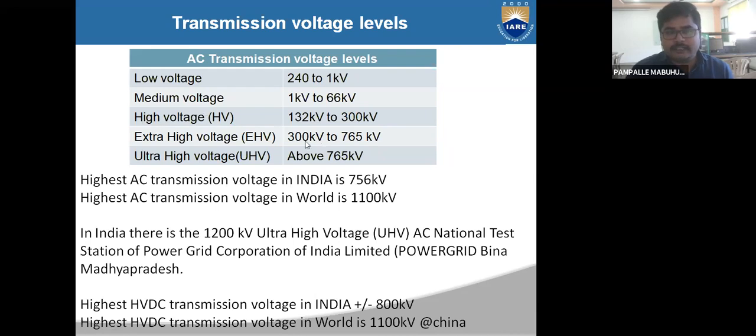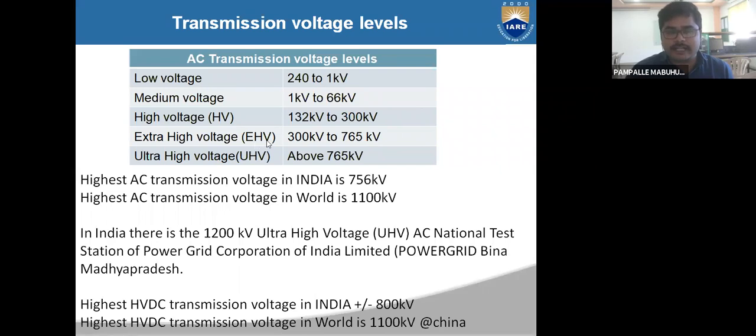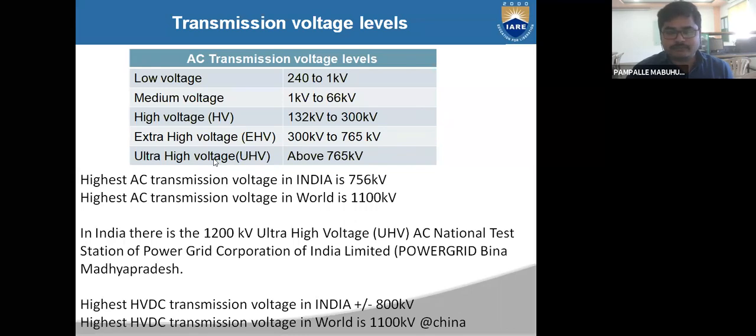Then 300 kV to 765 kV is called an extra high voltage transmission line. And if it is above 765 kV, you can call that transmission line an ultra high voltage transmission line. So these transmission lines are classified depending upon the voltage level.